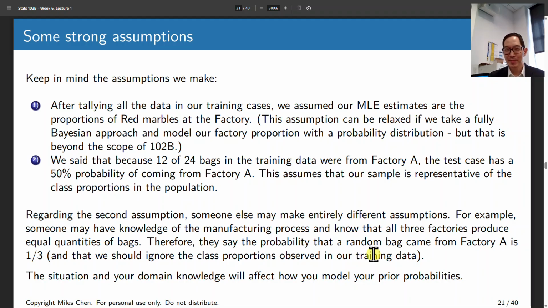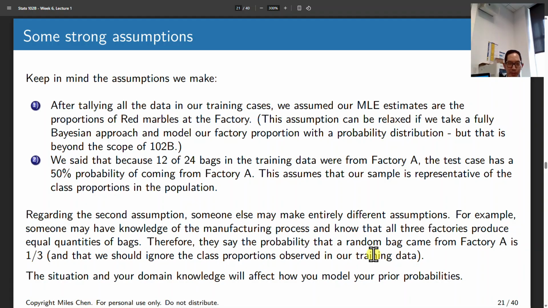I don't know if that's a great assumption. You can relax that assumption a little bit if you want, with a fully Bayesian approach, but that's beyond the scope of our course.